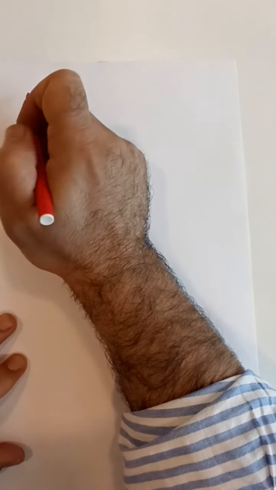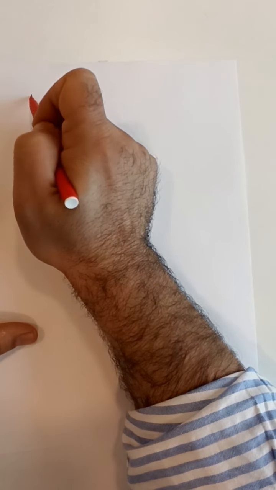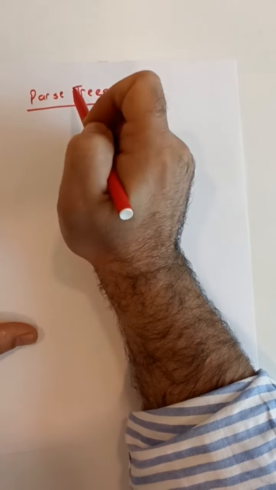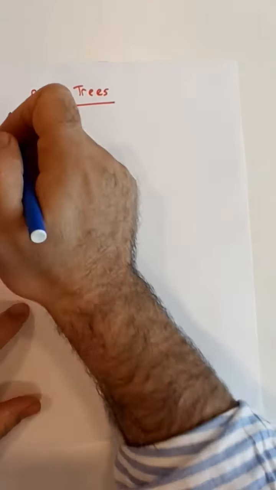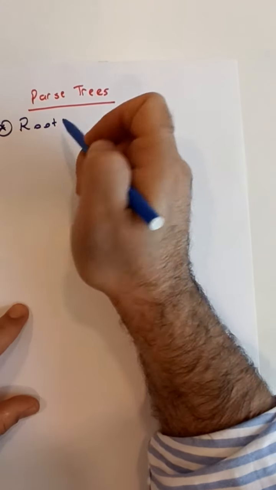Let's talk about a visual way of representing this, which is the parse trees. So what is a parse tree? A parse tree is basically a tree where at the root of the tree is our starting variable.